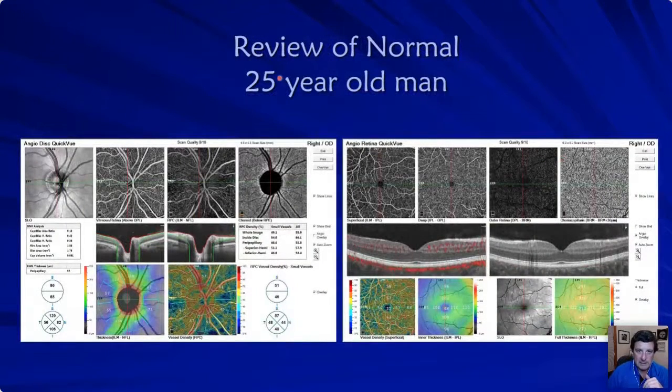So when we look at a normal patient here, a 25-year-old, I don't want to get too deep into OCT and A interpretation, but these are just some of the scans that we can do. And these are percentages of the radial peripapillary capillaries. I look at these all day long, and it's about 50 to 60% when the patient's healthy.